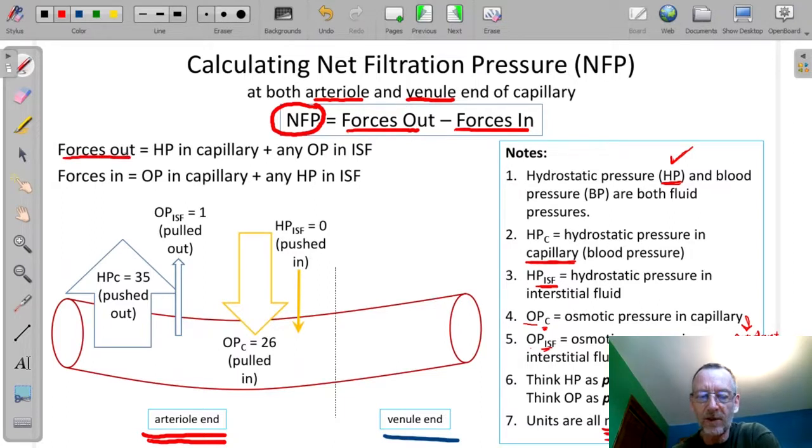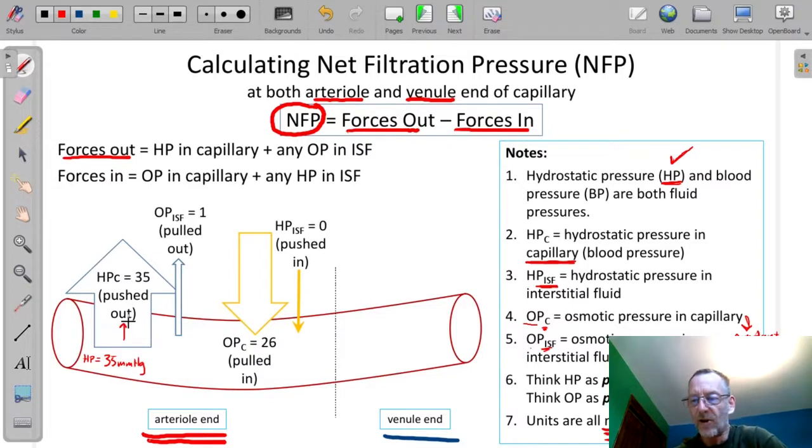So the forces out are drawn with the little blue arrows. This one is not blue. So what do we have? We have hydrostatic pressure in the capillary as 35. So you could, if you want to, write this in, although it gets pretty crowded pretty quick. Hydrostatic pressure in the capillary is 35 millimeters of mercury. That's the blood pressure that's pushing it out.